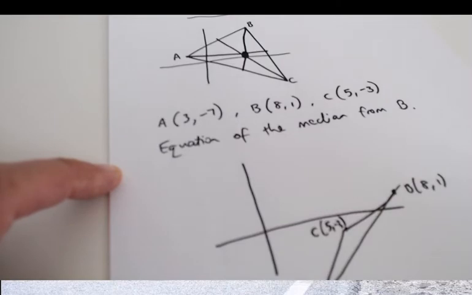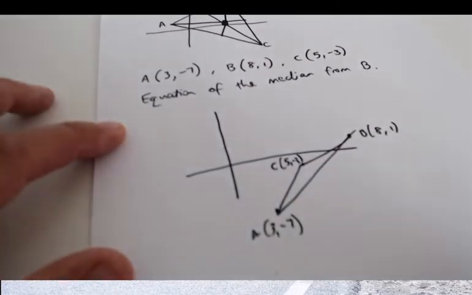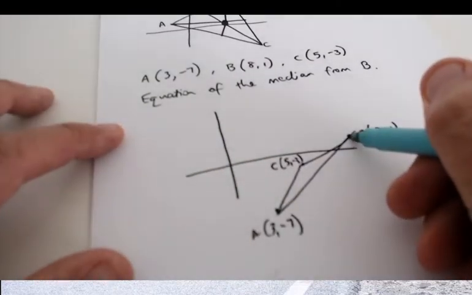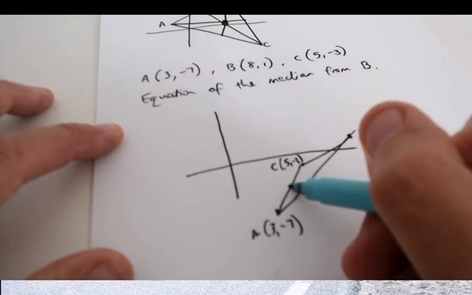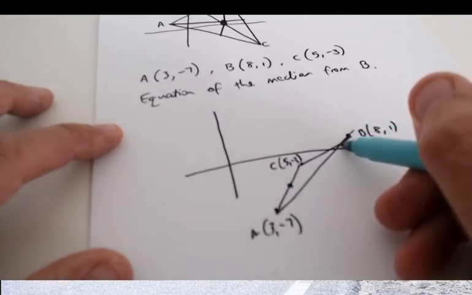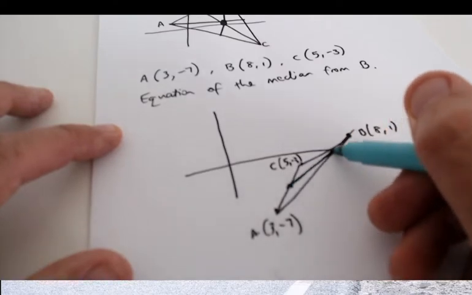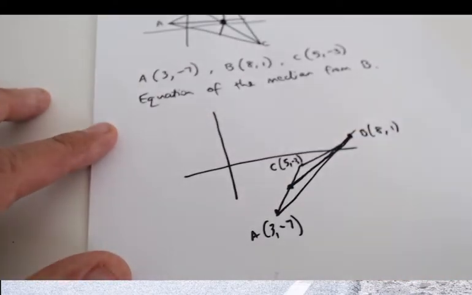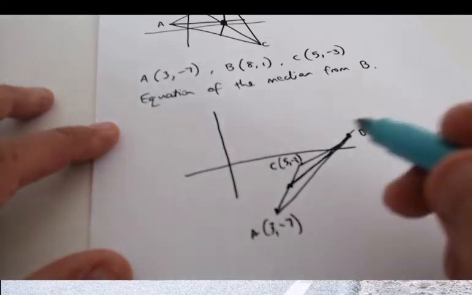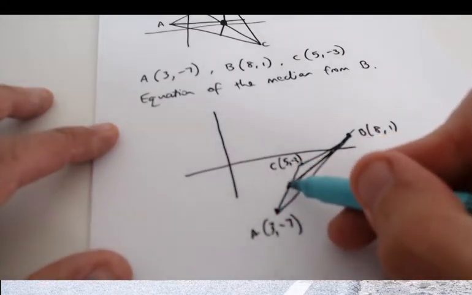Right, so I want the equation of the median from B. So the median from B goes from B to the middle of the opposite side, like so. I want the equation of that new line that I've just added. It's going to the middle of the opposite side. I need the midpoint of this side.